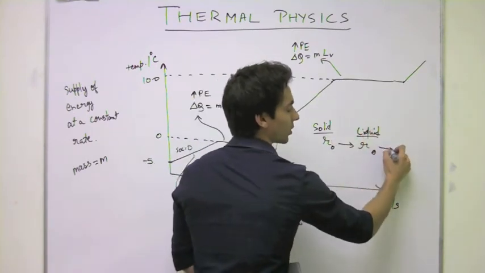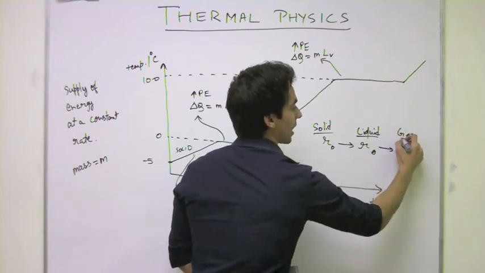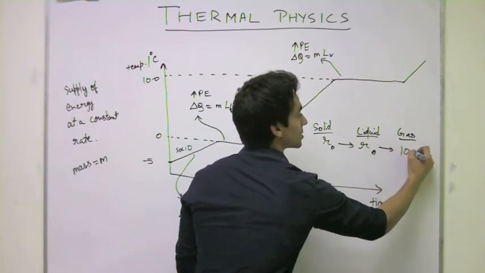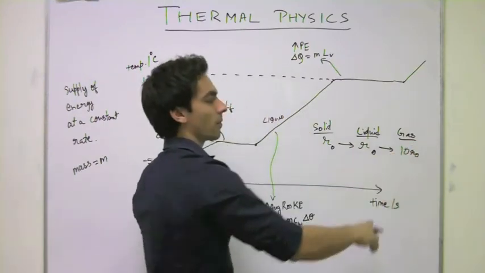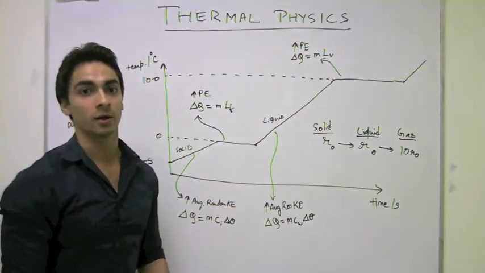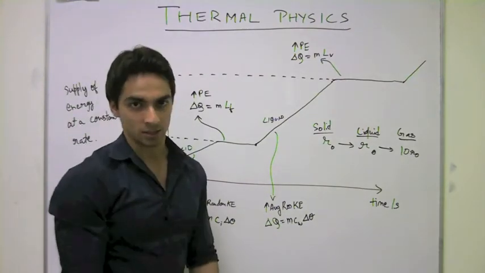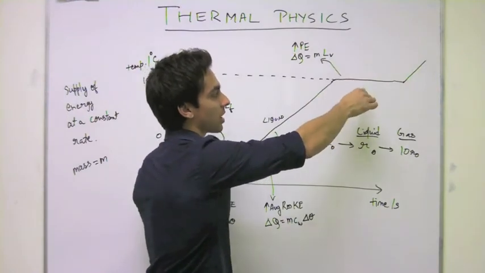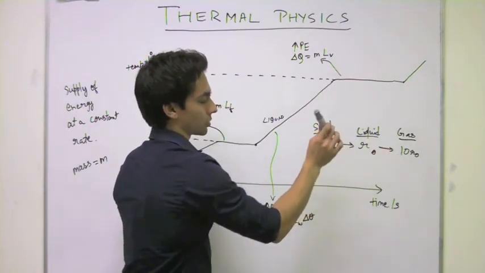But in going from a liquid to a gas, I have to not only break the intermolecular bonds, but I have to increase the intermolecular separation to about 10 times of what it was originally. So I need to supply a lot more energy, and that is why the latent heat of vaporization will always be larger than that of fusion.